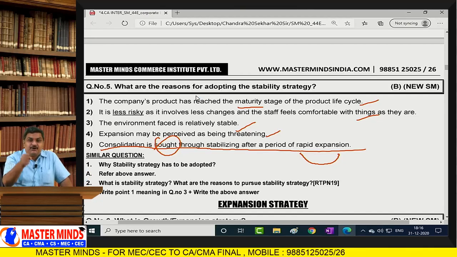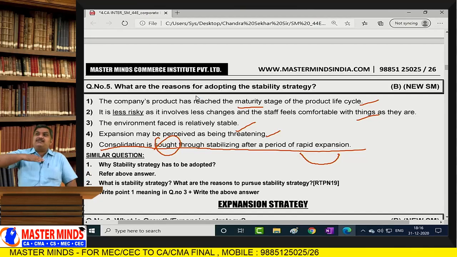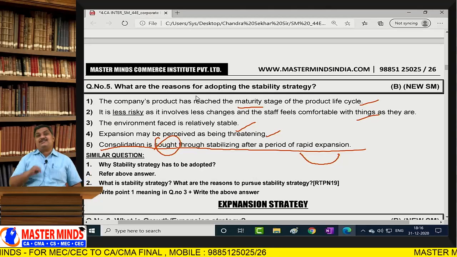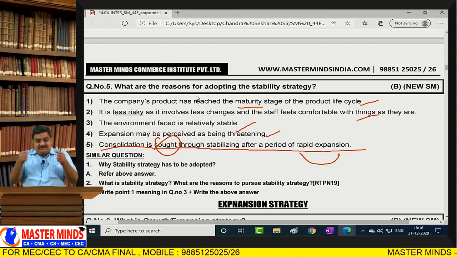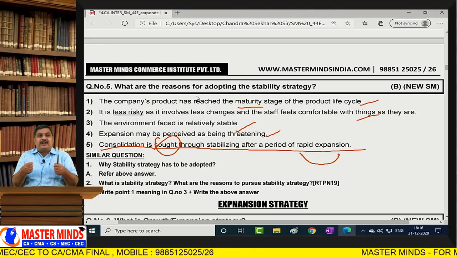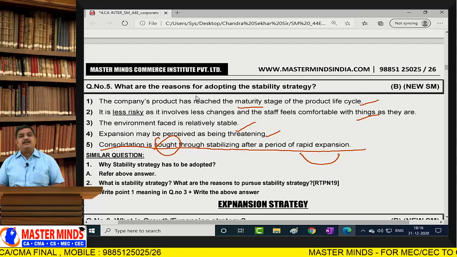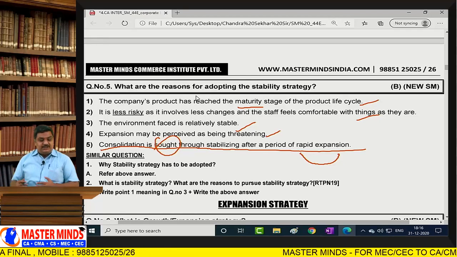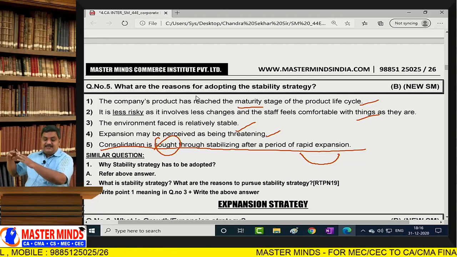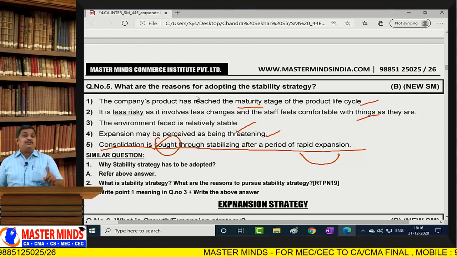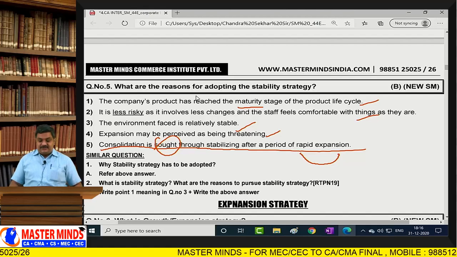Try to safeguard your position. Don't always think of jumping. That is dangerous. Be careful. Try to become strengthened. Try to consolidate your business. That is the most important thing. So, consolidation is sought through stabilizing after a period of rapid expansion. That is why you need to follow stability strategy.